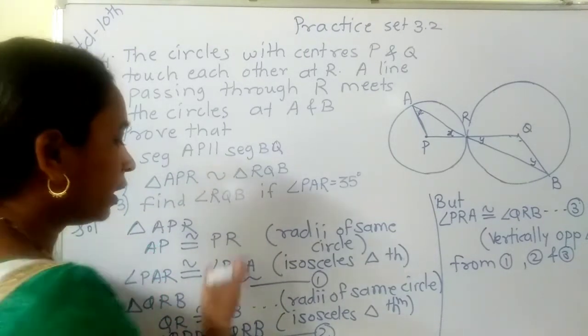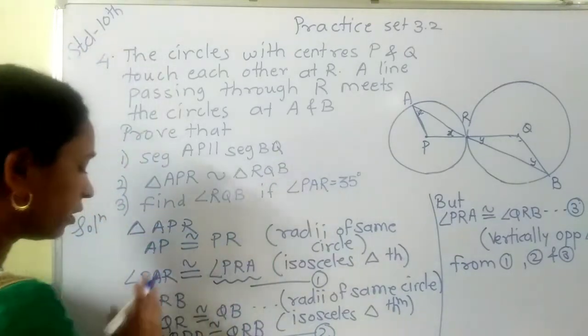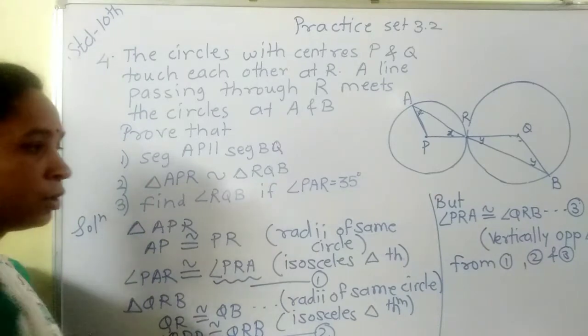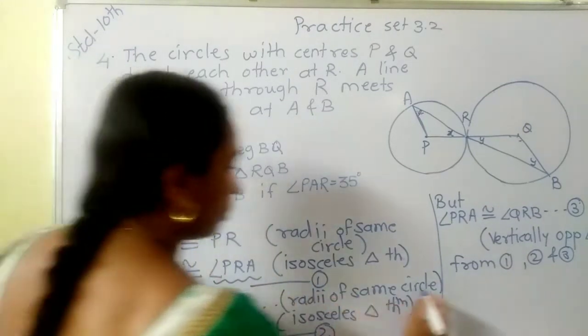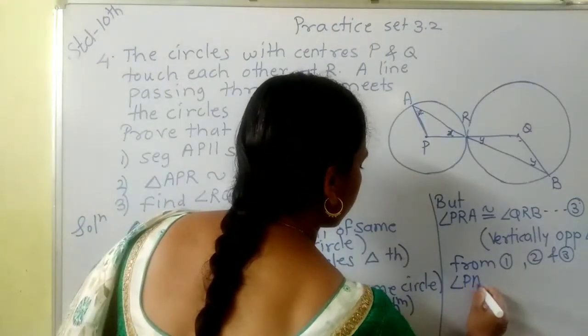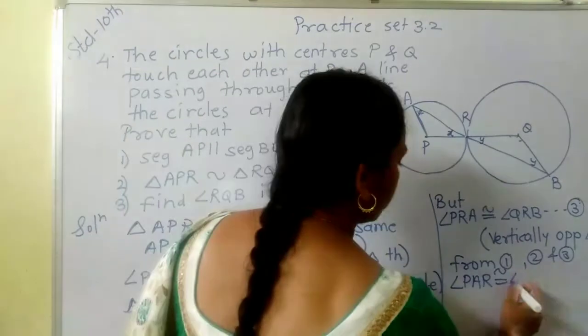So if the right sides of these two equations are congruent, of course the left side angles are also congruent. So from 1, 2 and 3, we get angle PAR congruent with angle QBR.